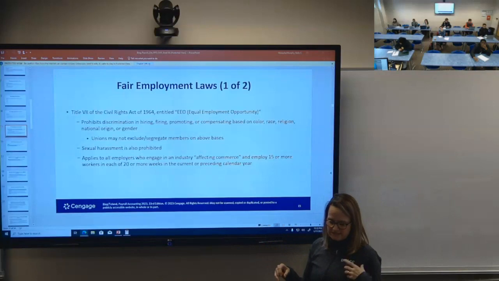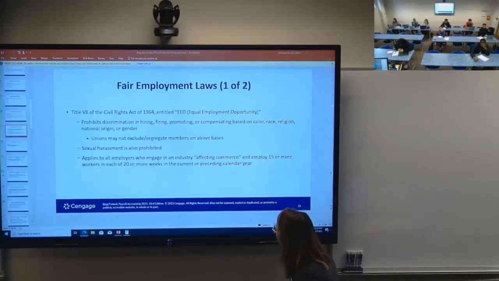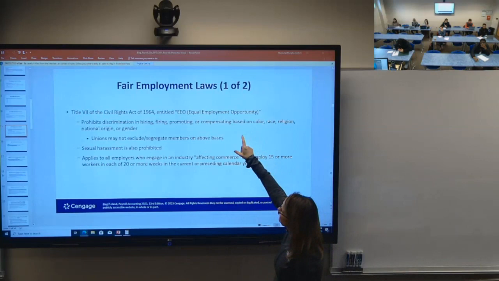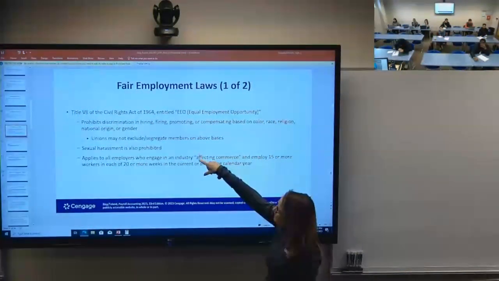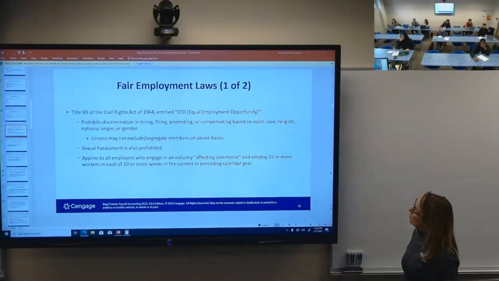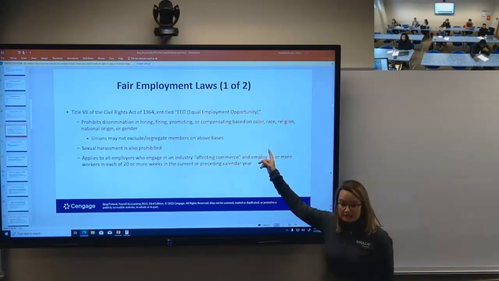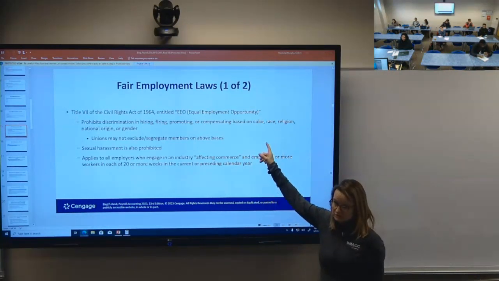Whenever you fill out an application, a lot of times there will be provisions on there that say we're asking this as part of the Equal Employment Opportunity Act. So that is part of the Civil Rights Act. This is the part that prohibits discrimination in hiring, firing, promoting, or compensating based on these factors and not more than these factors.